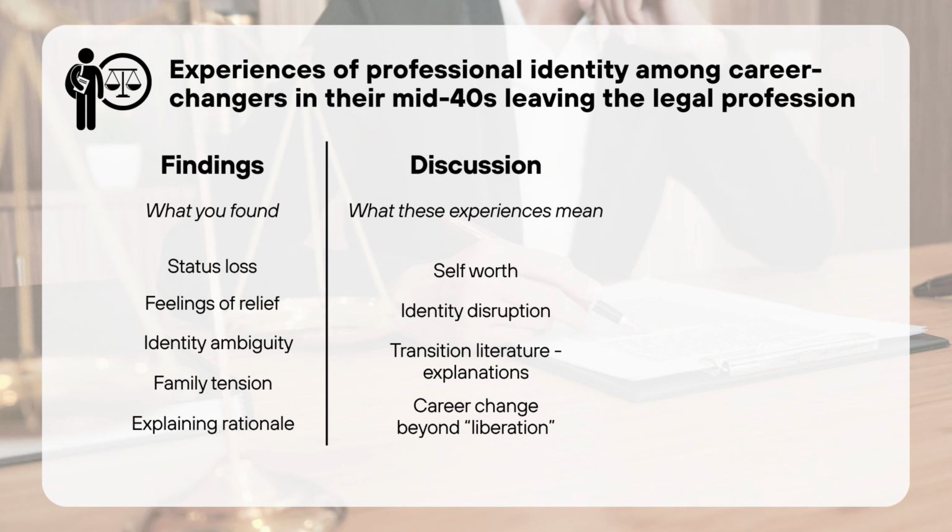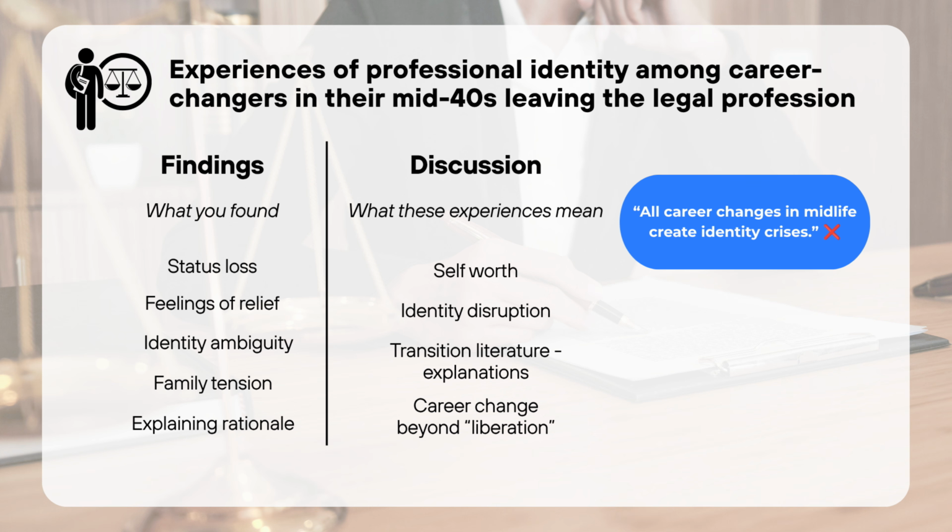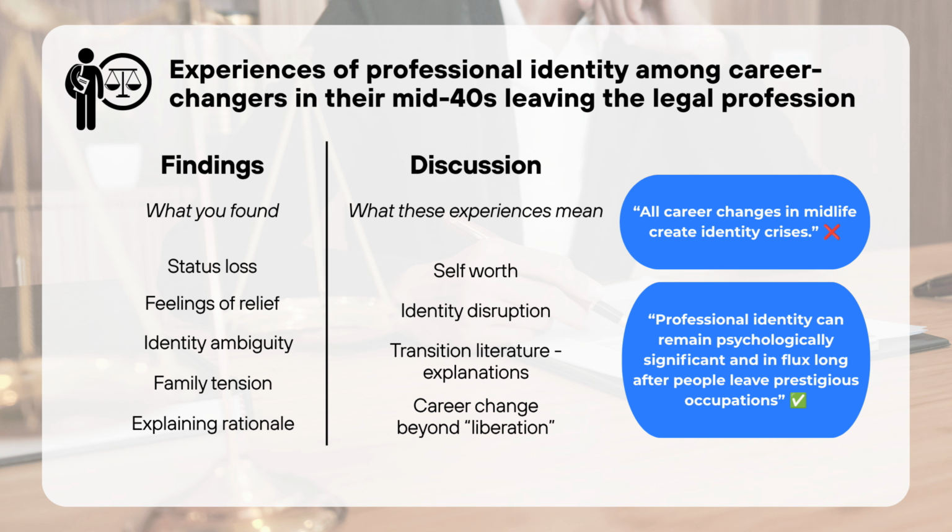So in our example, you probably wouldn't claim, this study proves all career changes in midlife create identity crises. That would be far too broad. But you might reasonably argue that your findings suggest professional identity can remain psychologically significant long after people leave prestigious occupations. That is a much more careful, defensible, discussion level claim.